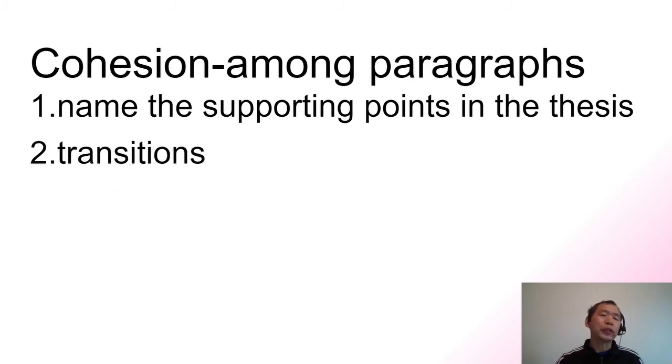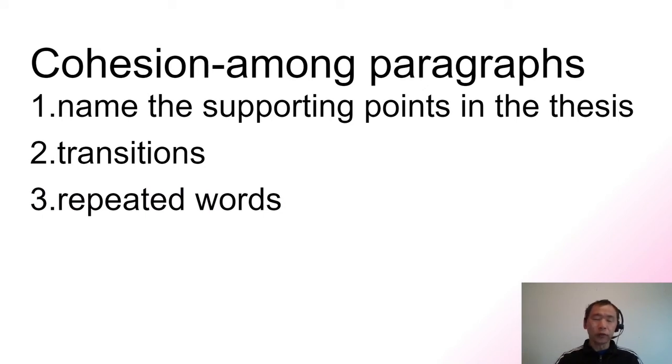Then you can use transitions to move from the first paragraph to the second paragraph and to the third paragraph of your body. And then finally you need a transition to link your conclusion to the whole writing.